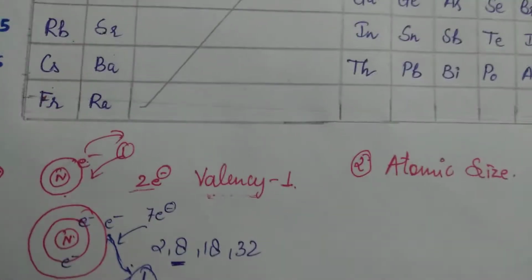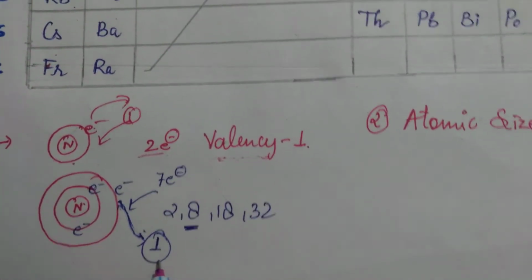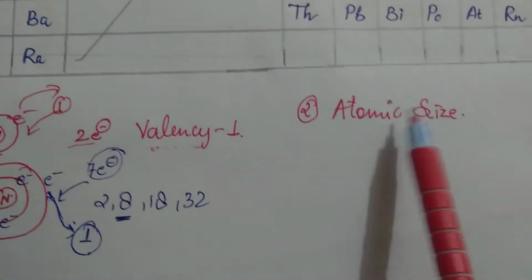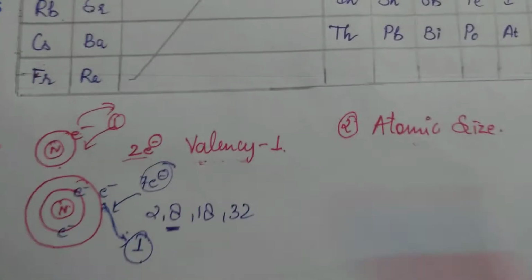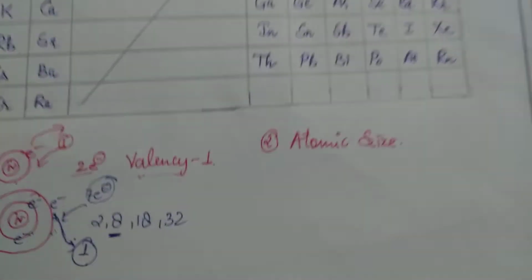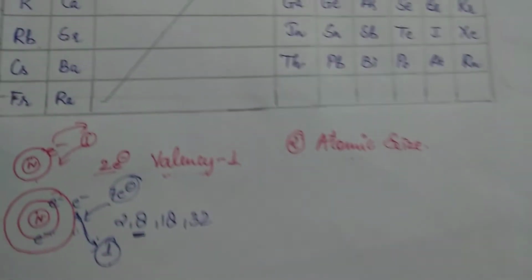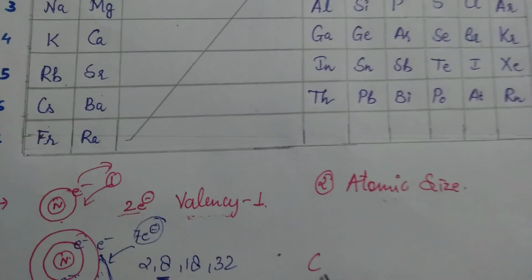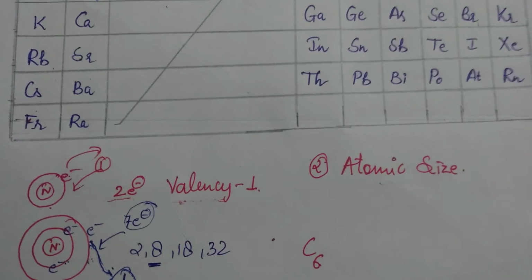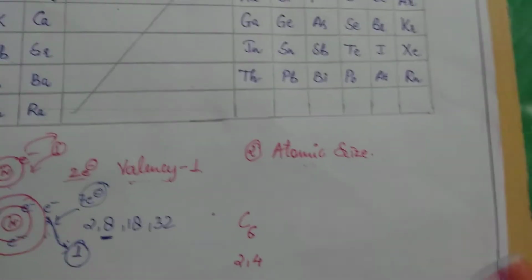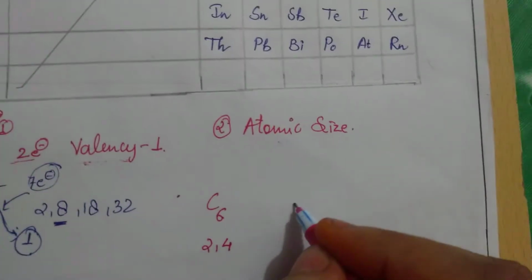It is much easier to donate 1 electron as compared to accepting 7 electrons. This is about valency, but we are discussing atomic size. So see, it has two shells. Now let's compare it with carbon. For carbon, the atomic number is 6, so the configuration will be 2, 4. This is clear. We'll do the same.